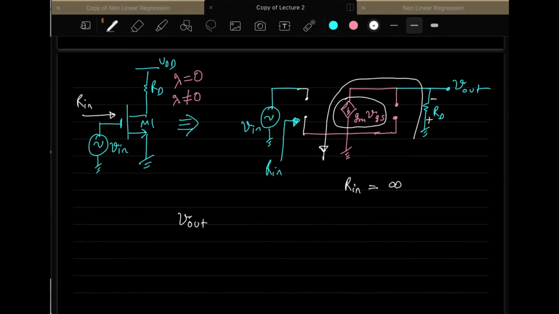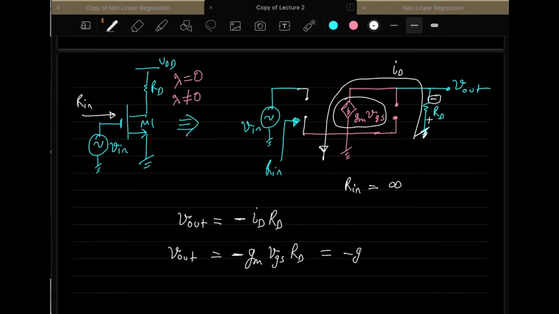Value of V out is minus ID, that is the drain current which is flowing, times capital RD. Why minus? Because with respect to ground, the value is minus. So we have here minus GM VGS RD. This is your V out.